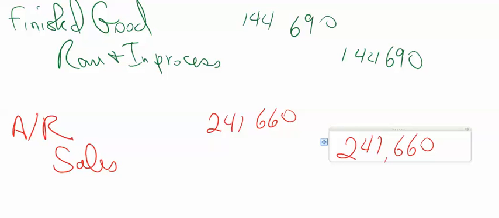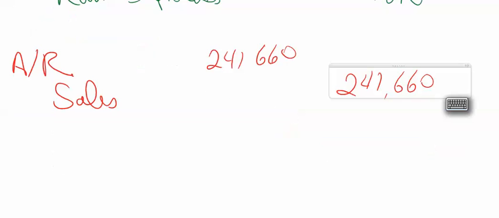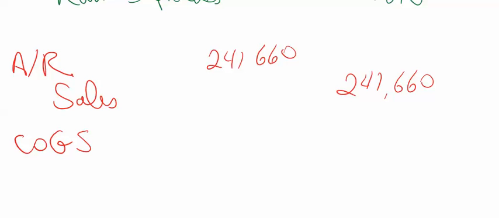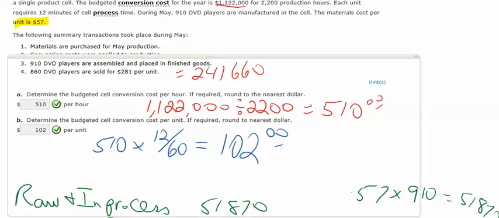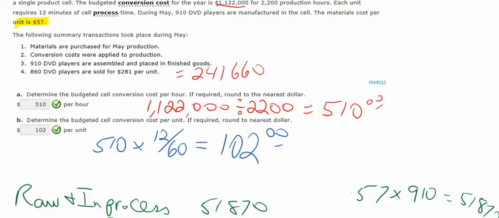Finally, I also have to record my cost of goods sold. So I'm going to debit my cost of goods sold. And the cost of goods sold is going to be for the number of units we sold, which is 860. I'm going to have to multiply that times the cost of the units, and the cost of the units and materials were 57. So I can figure out my cost by taking the $57 for the materials, my conversion cost per unit of 102.